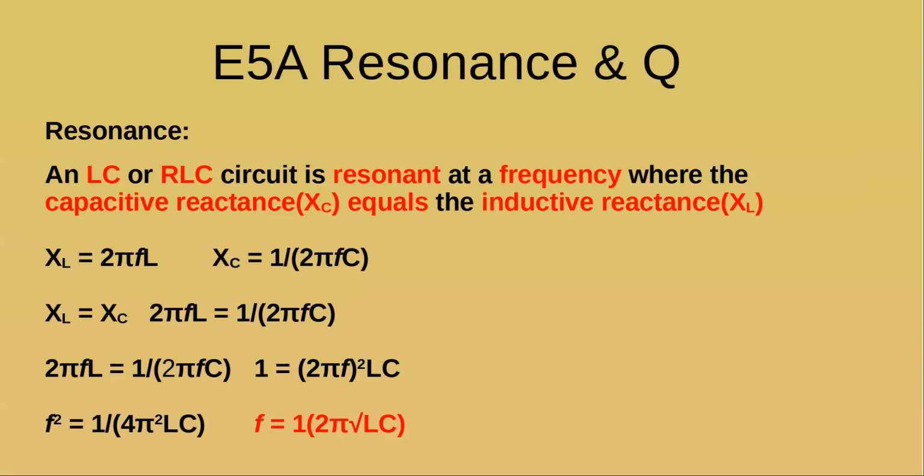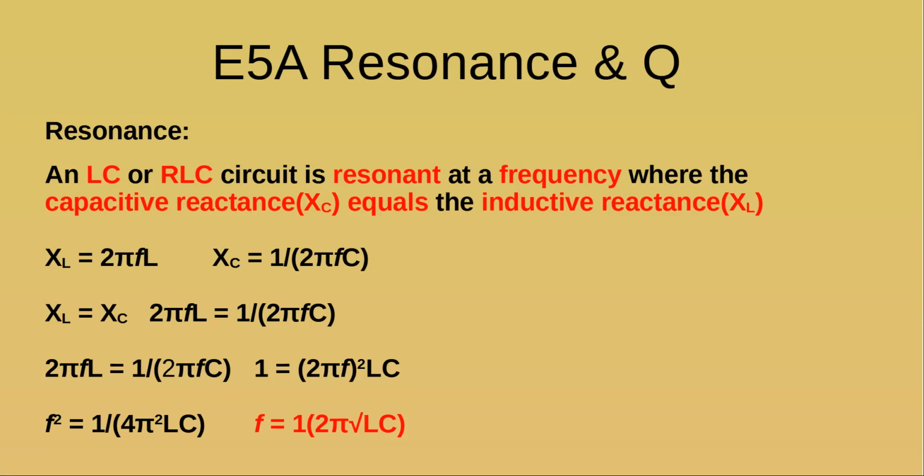The capacitive reactance is negative on the complex plane, and inductive is positive. If it's the same value, they sum to 0. So the impedance is going to be R plus 0, but only at resonance.